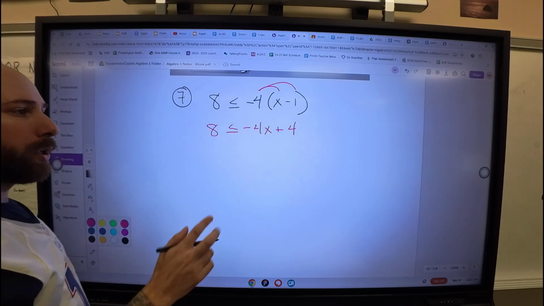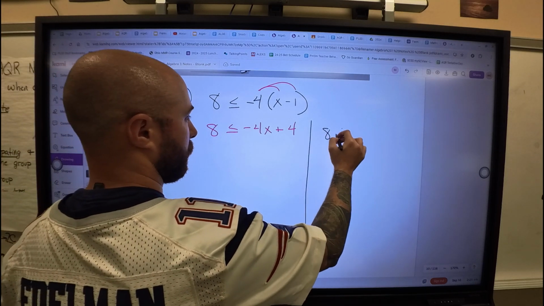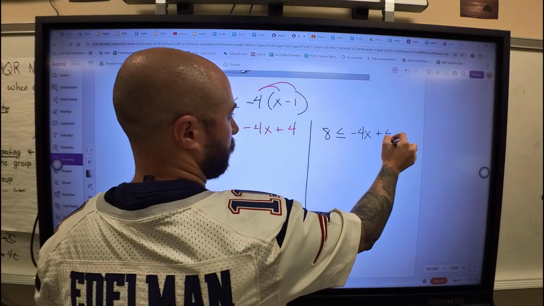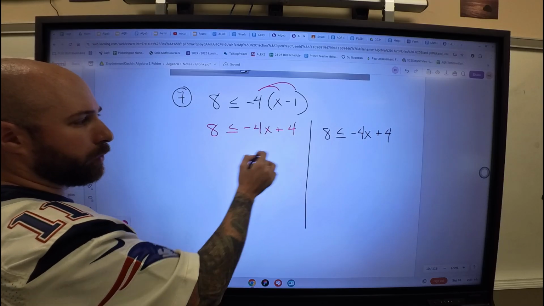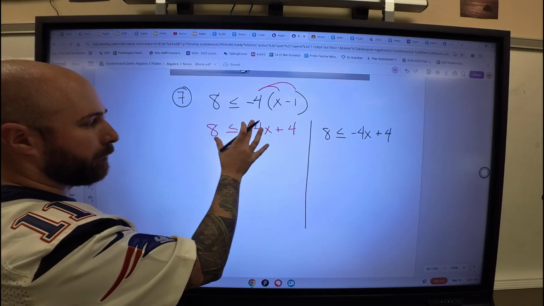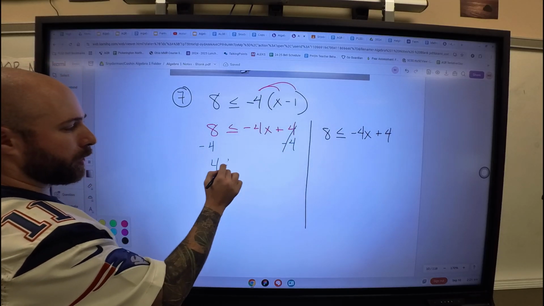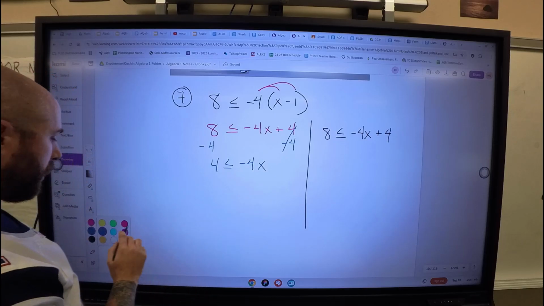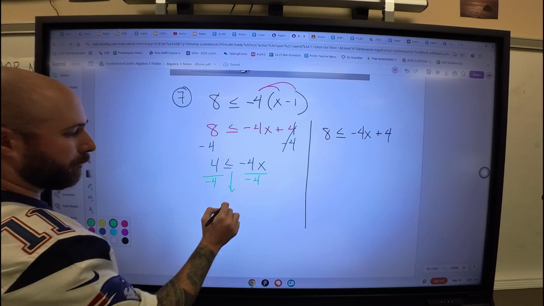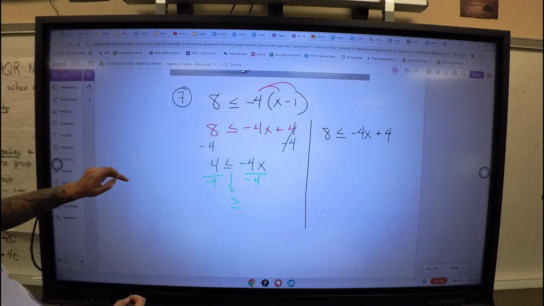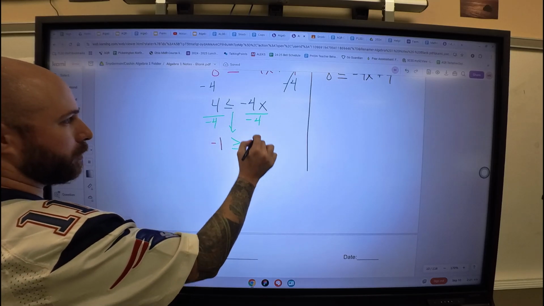Okay, and now at this point you can do one of 2 things, and that's why I'm going to write this in 2 ways. Some people will look at this and say, well, let me move the 4 over because I already have my x by itself. So if we do that, we get 4 is less than or equal to -4x, and then we can divide by -4, which means we're going to flip our sign and get -1 is greater than or equal to x.